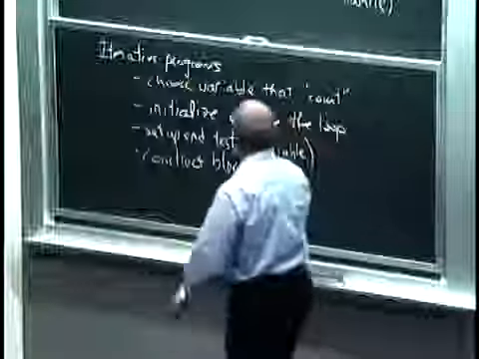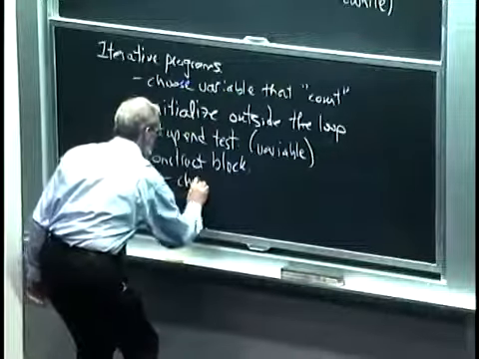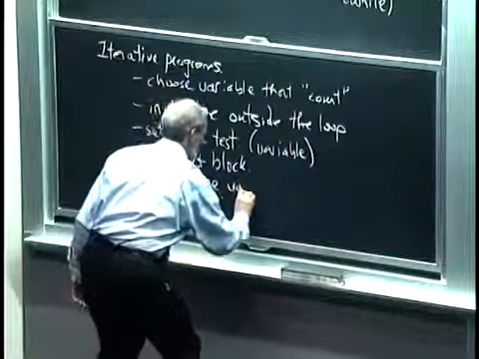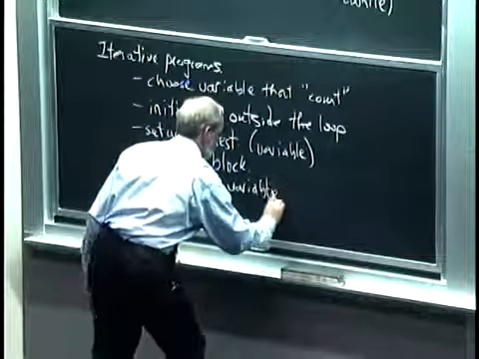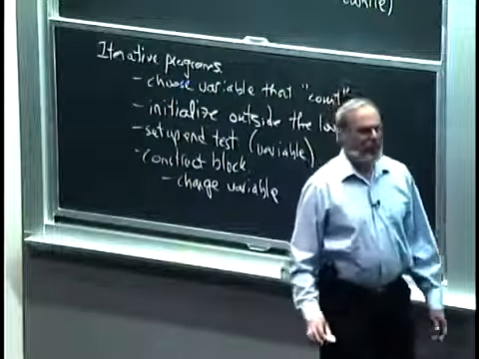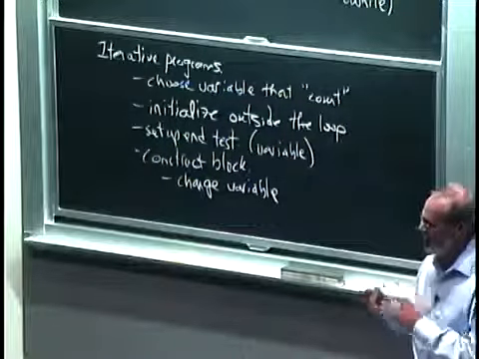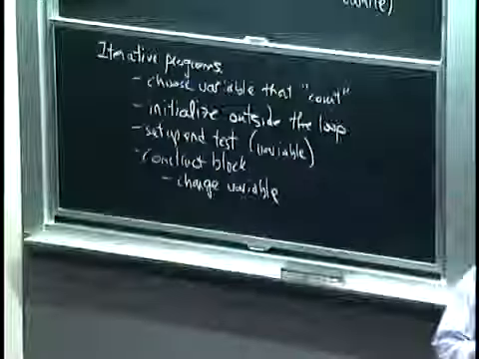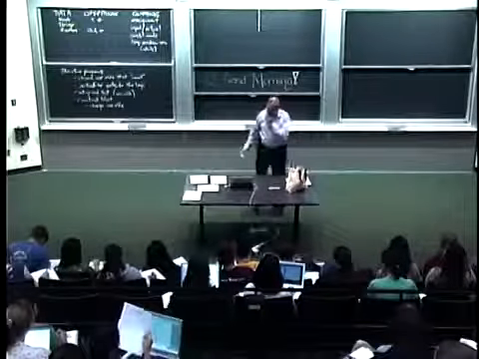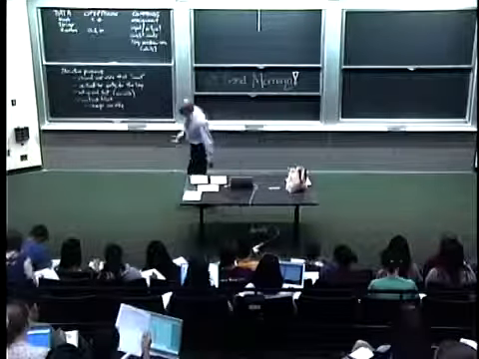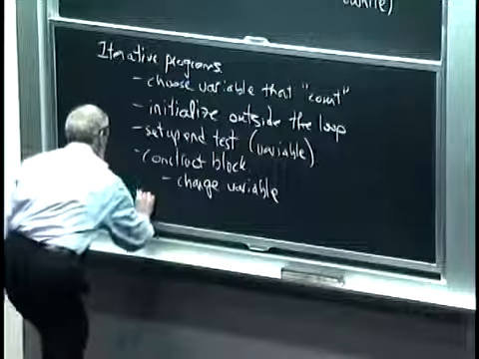And remind you that inside of here, I better be changing the variable. If that variable that's counting is not changing, I'm going to be stuck in an infinite loop. So I ought to expect somewhere in there a change of that variable. And then the last thing I want to do is just decide, what do I do when I'm done?